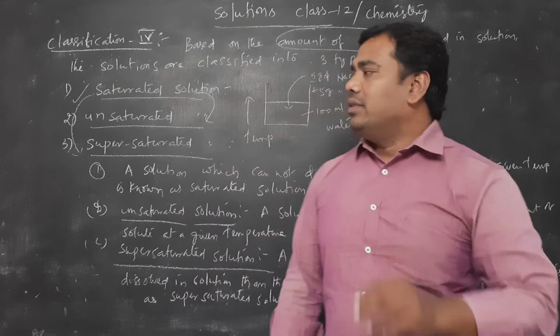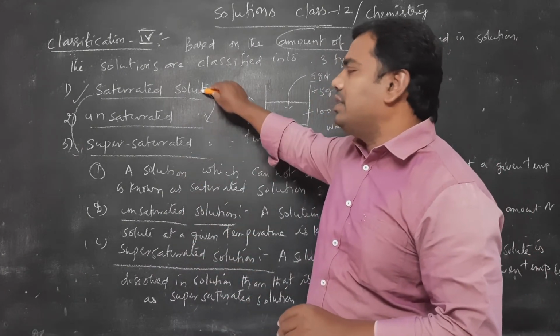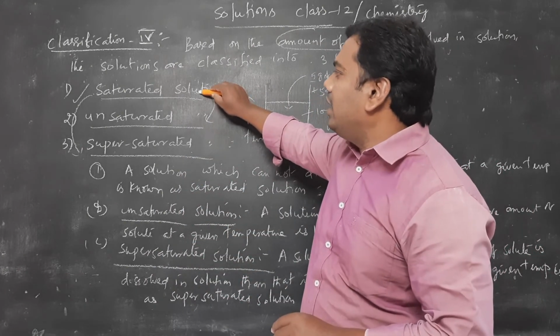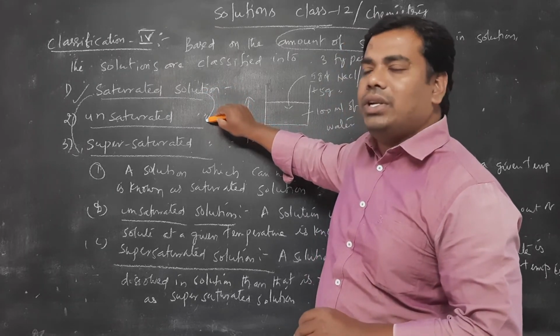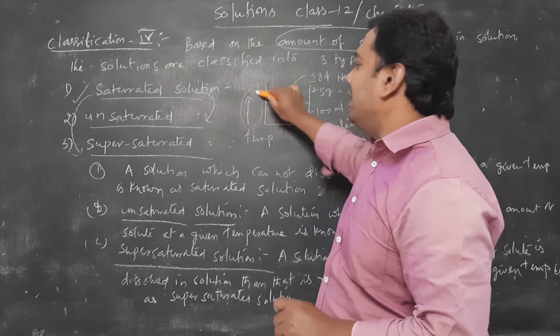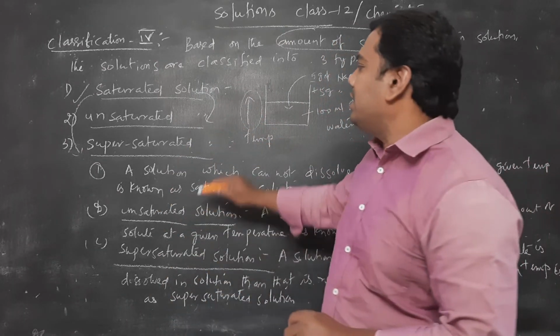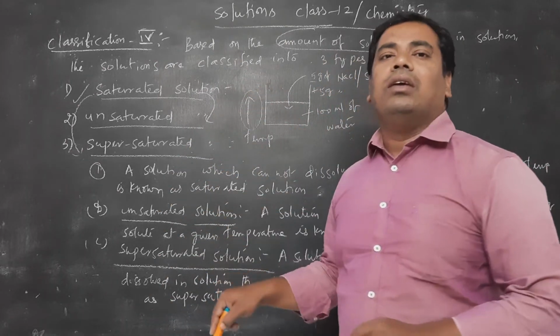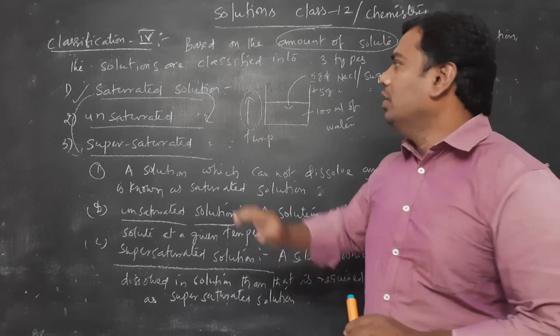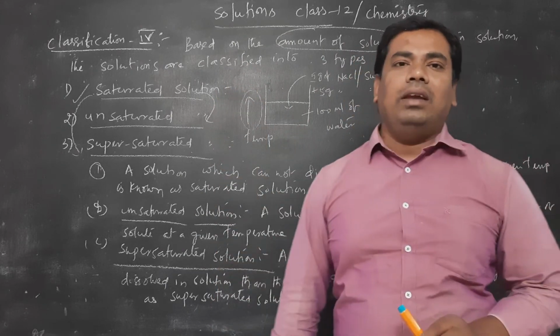Clear? The two conversions are there, student. A saturated solution can be converted into an unsaturated solution when we increase the temperature. A saturated solution can be converted into a supersaturated solution upon cooling, when we decrease the temperature. So these two parameters are very, very important.